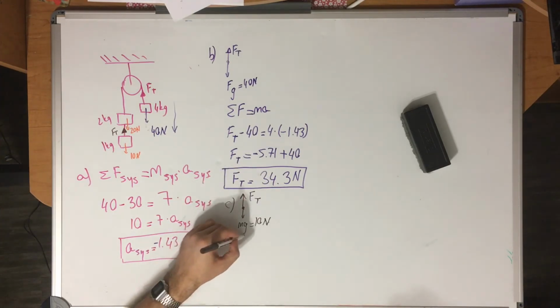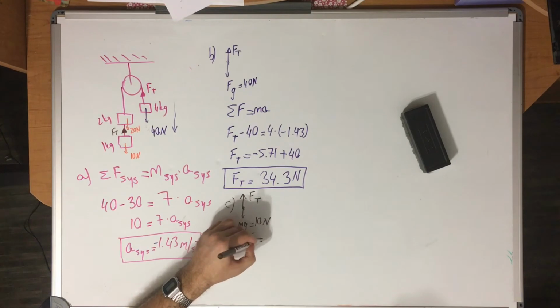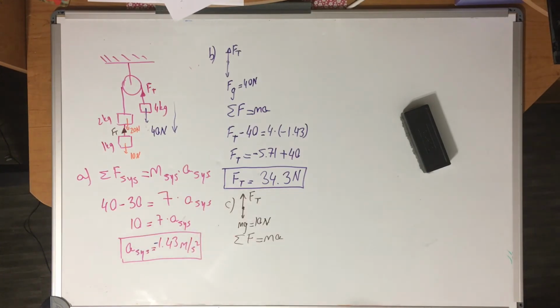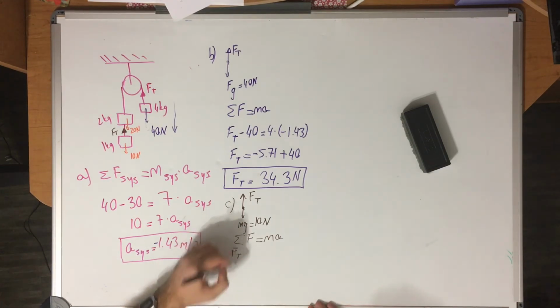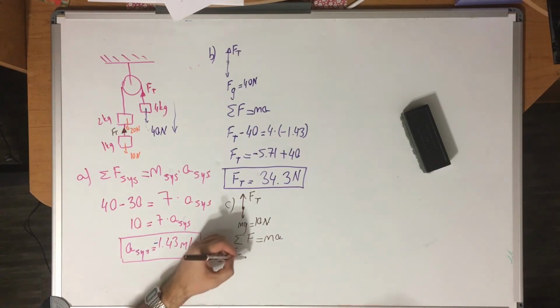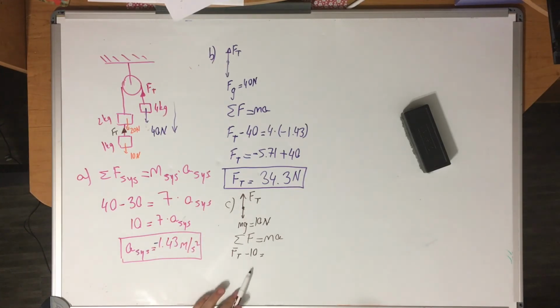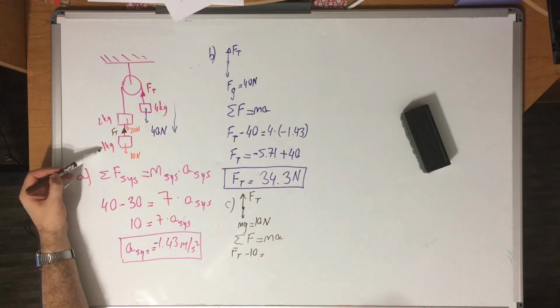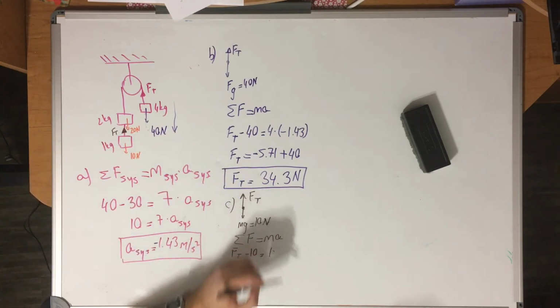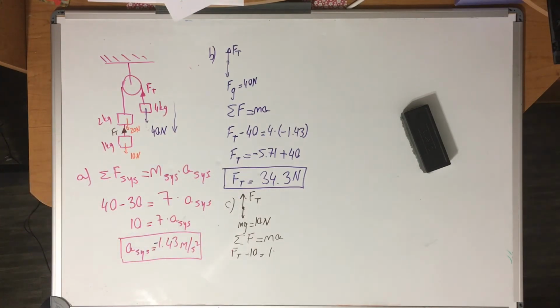Again, what are we going to do? Same equation. Force equals mass times acceleration. So the force going up is tension, and the force going down is -10. And my mass, I'm talking about this 1 kilogram object right now, so that's going to be the mass of that object, which is 1 kilogram, and acceleration.